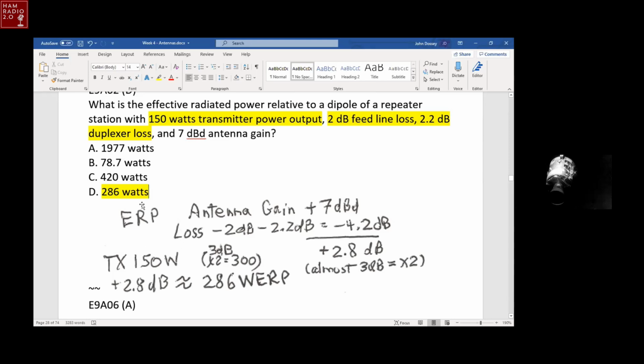If it was 3 dB of gain, it would be a times 2 of the transmitter power. But it's not quite 3, so it's not quite 300, so it's 286. Answer your question?